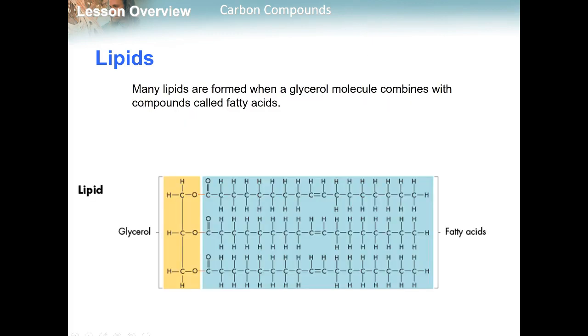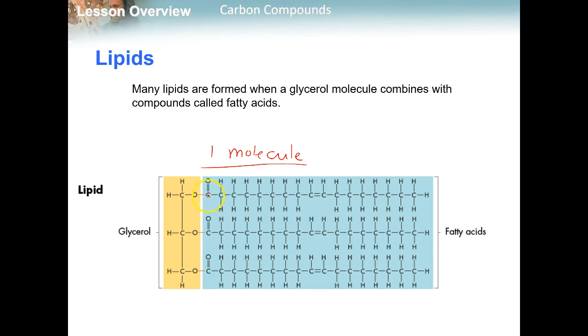Okay, so before we even talk about the components of lipids, let's take a look at this molecule. This is one molecule of fat. When we compare that to the sugar molecule, this is huge. Let's take a look and see what our chemical components are in here.